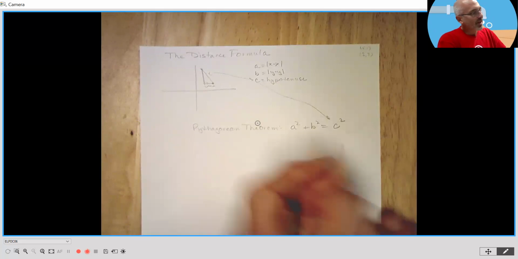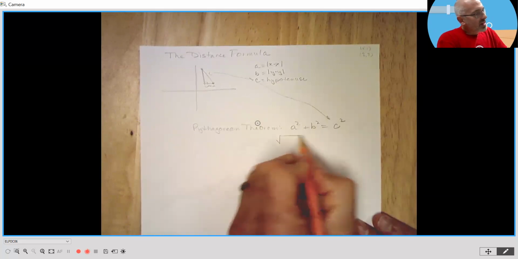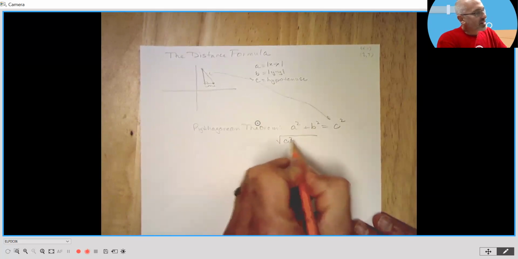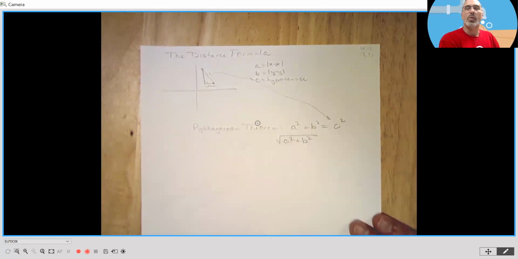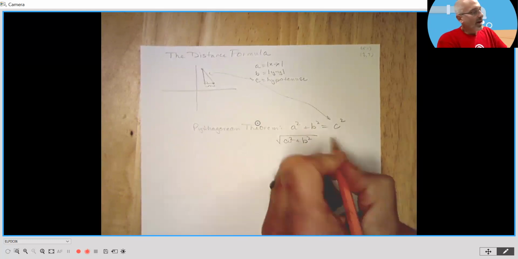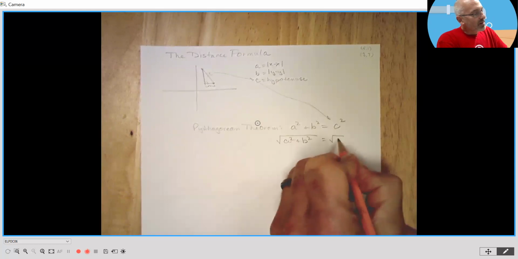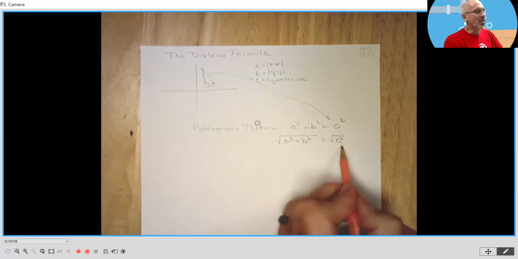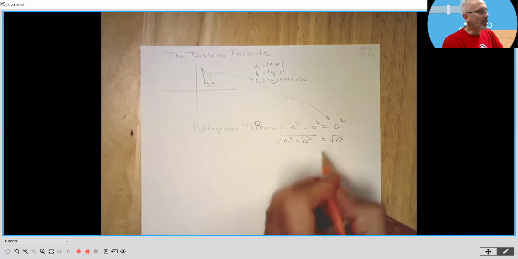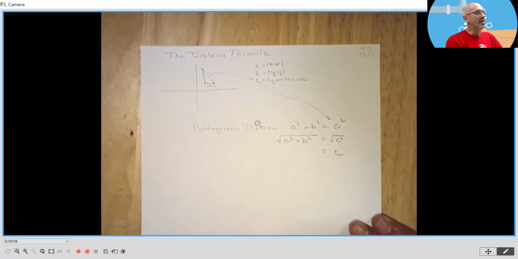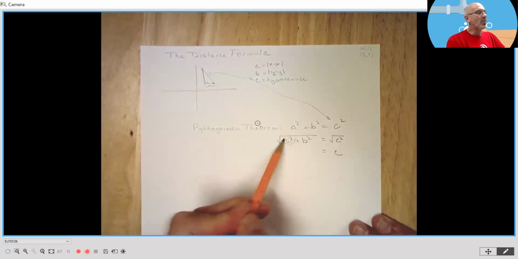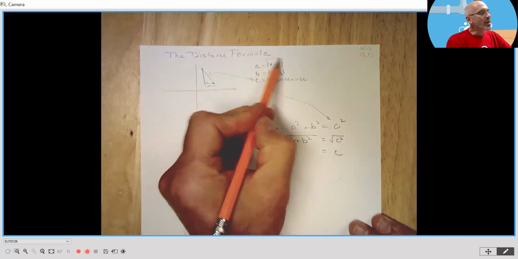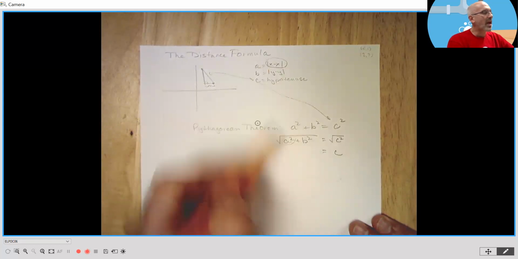I took the square root of the whole side, and then I took the square root of C squared. I think you follow me there. So the square root of C squared, we know what that is. That's C.